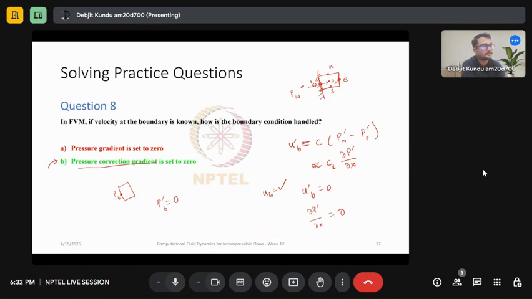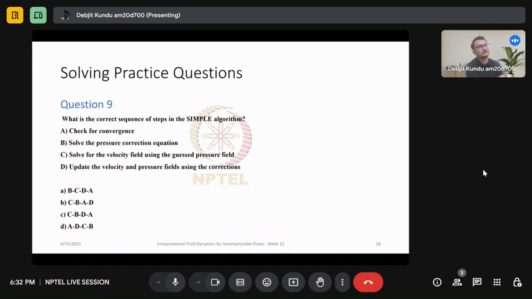Got it? Okay. Moving on to question number 9, which is asking what the correct sequence of steps in the SIMPLE algorithm is. Four steps are given here, and you have to arrange them in the correct order.